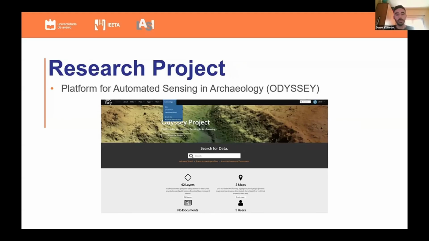This work was done under the research project called Odyssey. In this project, the main goal was to develop a platform for the archaeologists to use during their day-to-day work. The work package that our team was working on was responsible for building a machine learning block for this platform so that the archaeologists could submit images and then this AI block would detect archaeological sites.